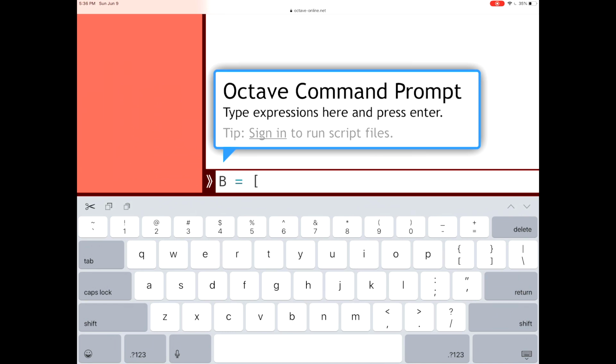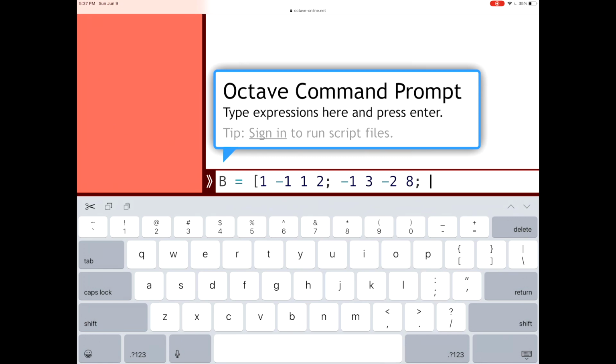So I'm going to say B equals, and a bracket tells the computer that you're going to be plugging in a matrix. So we had 1 space, -1 space, 1 space, 2. That's the first row of our augmented matrix. Then we do our semicolon. Our next row was -1, 3, -2, and 8.